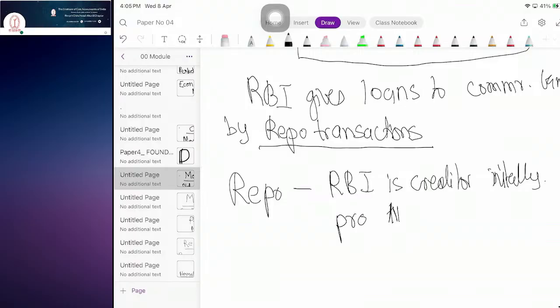RBI provides funds to commercial banks in the repo transaction.